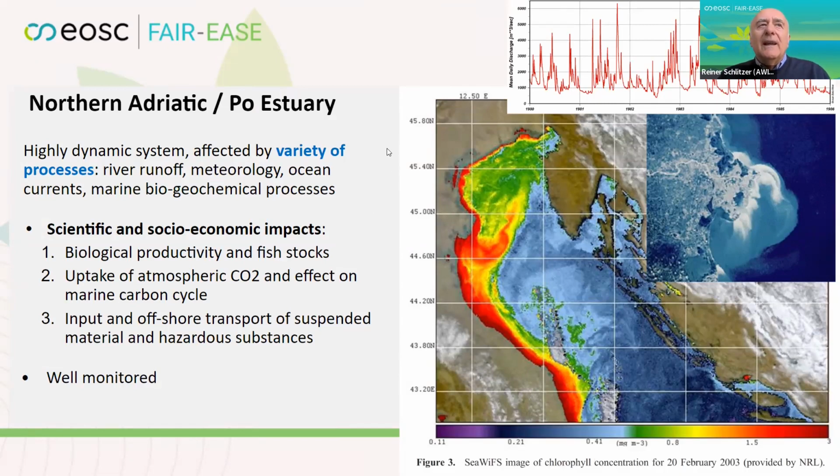So all together typically determine the outcome of certain features. And I have listed three important ones: scientific, but also socioeconomic aspects, like biological productivity in the Northern Adriatic depends on meteorology, stability in the water column, so water conditions, but also on nutrient input by rivers.